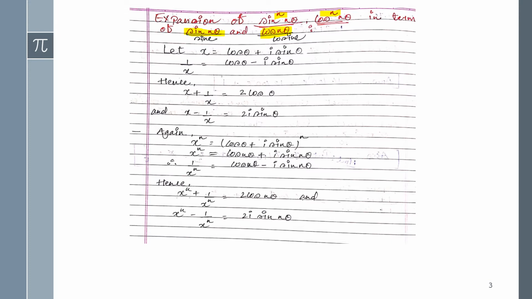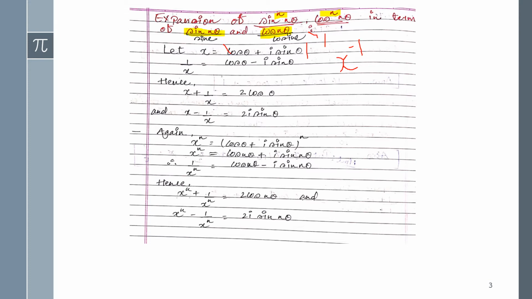Applying De Moivre's theorem with -1, it will be cos theta minus i sin theta.